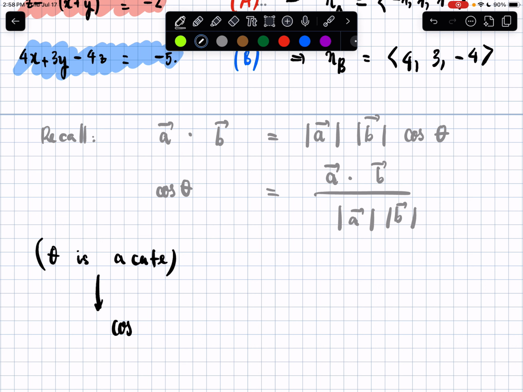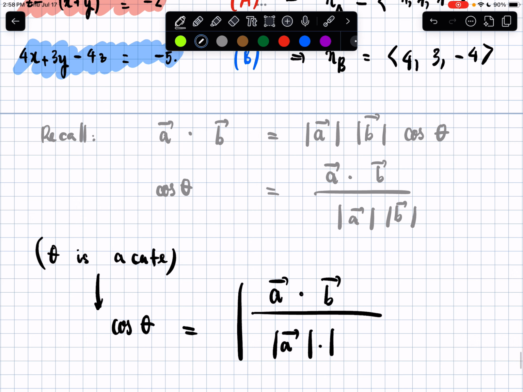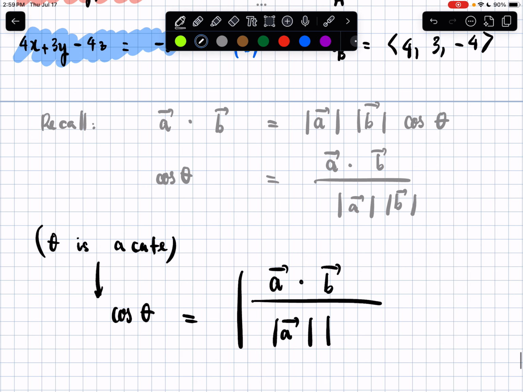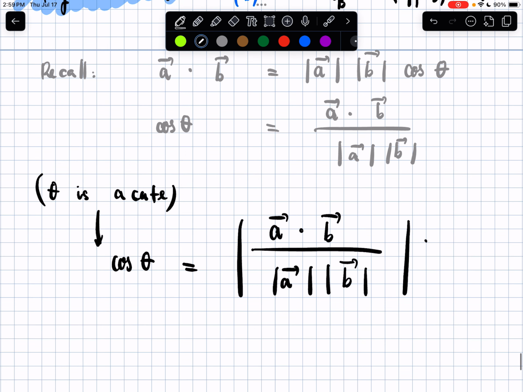Cosine theta is the absolute value of A dot B, because A dot B might be negative. Okay, so the angle between two planes is arc cosine of this number.